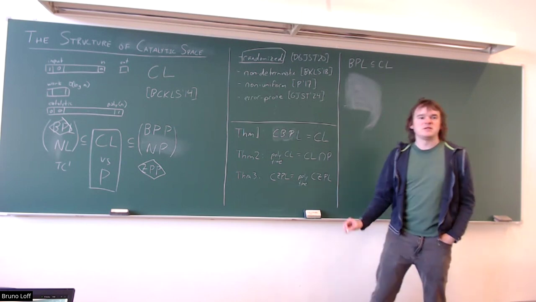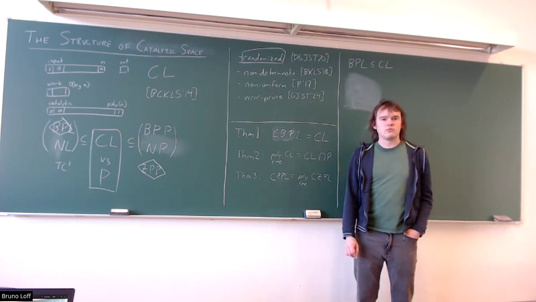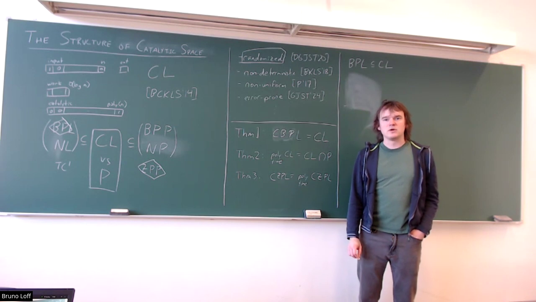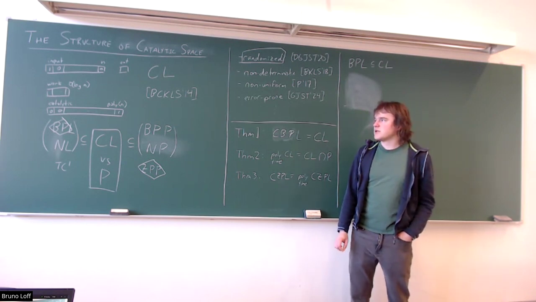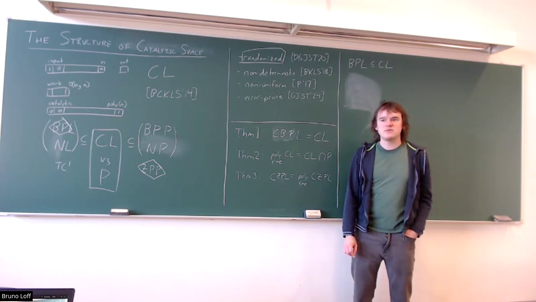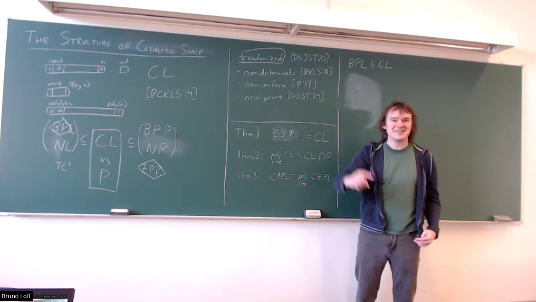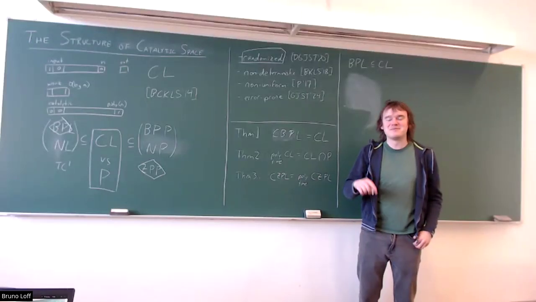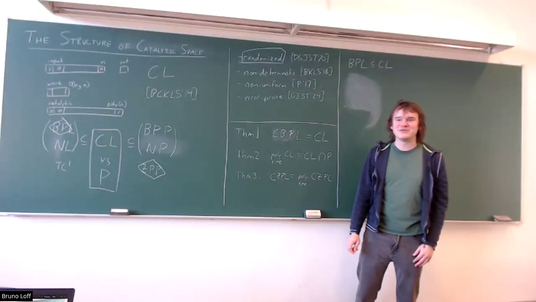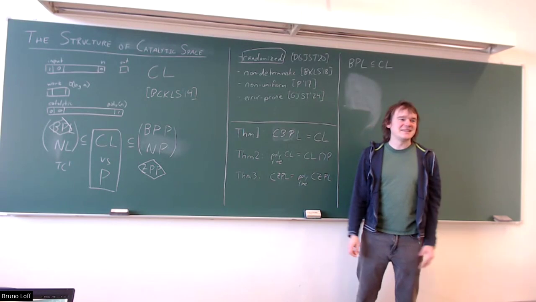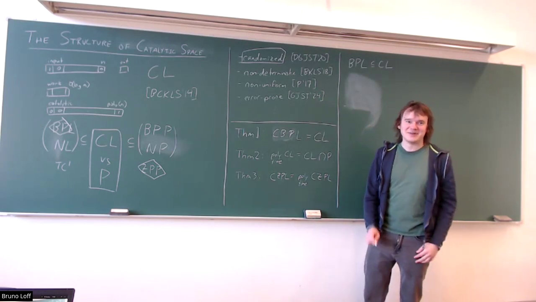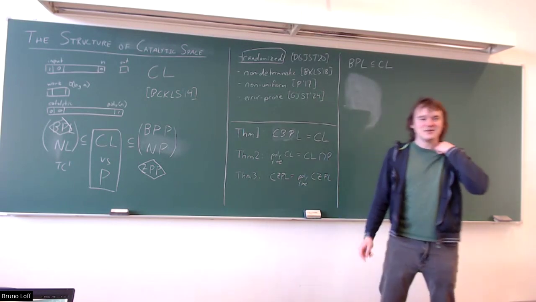Take a catalytic log space machine and extend the work tape by one bit. That bit figures out whether you start in the all zeros catalytic tape. If it does, you flip a flag, then you count up until it reaches the all zeros catalytic tape again, flip that flag back and then do whatever you were going to do before. This thing takes truly exponential time on exactly one catalytic tape, and who knows what it does on the rest.